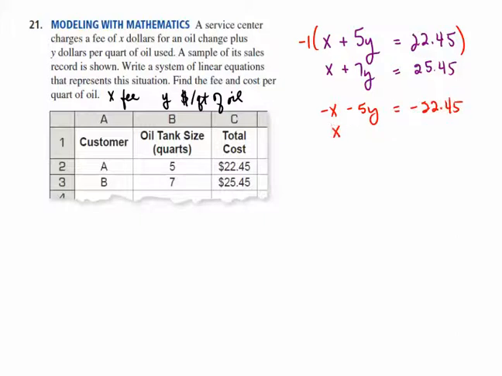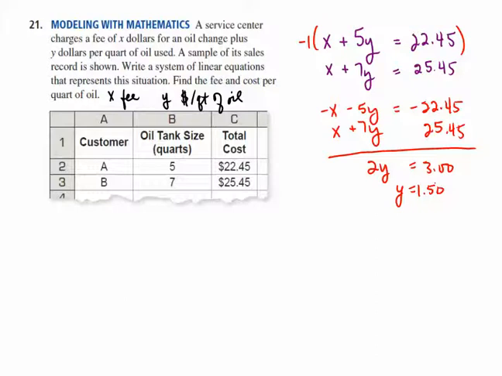Second equation, x plus 7y is equal to 25.45. We add down, we get 2y is equal to $3, so y is $1.50.